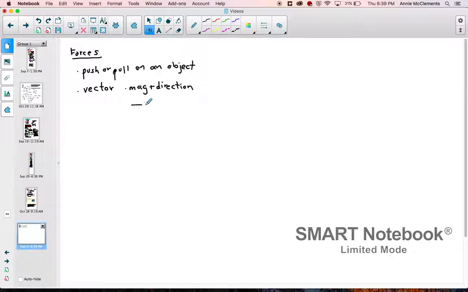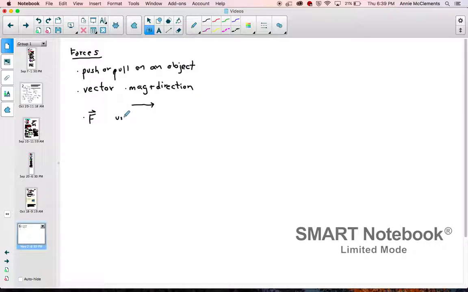The general symbol for forces is a capital F, and we'll sometimes add a little sub description for the type of force, but generally forces are capital F with a little arrow above it to indicate that it's a vector quantity.